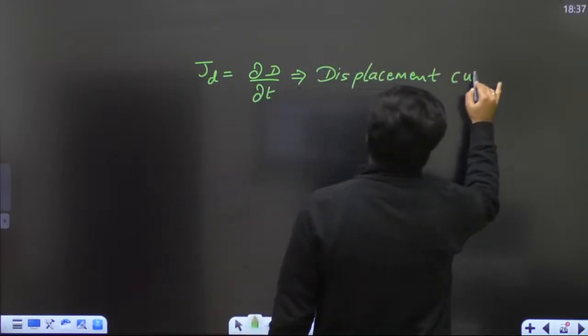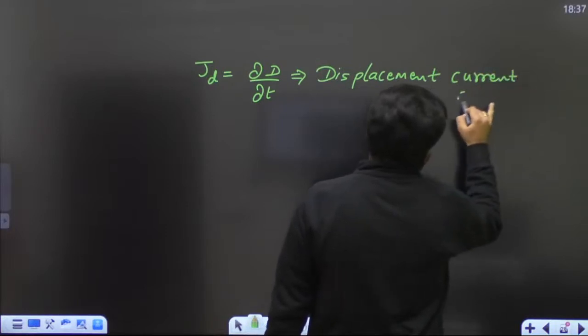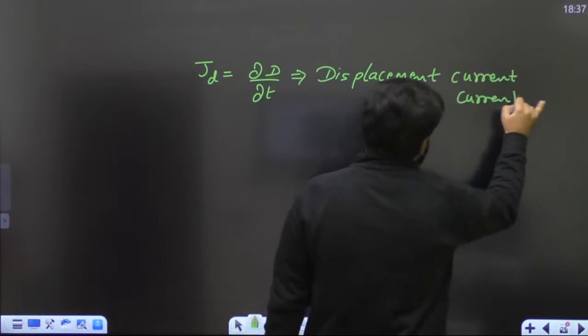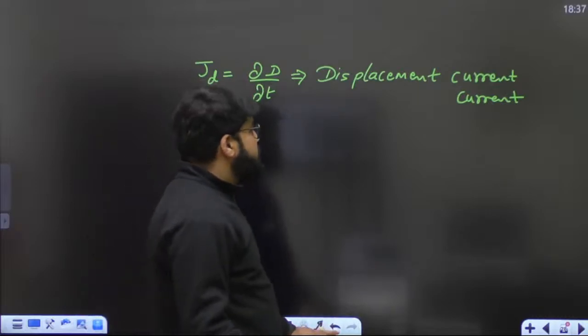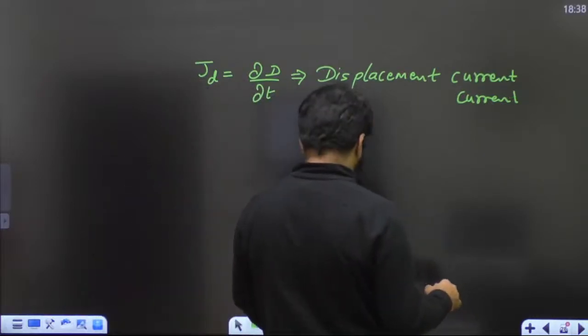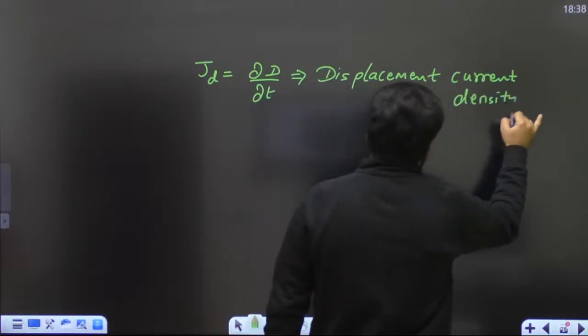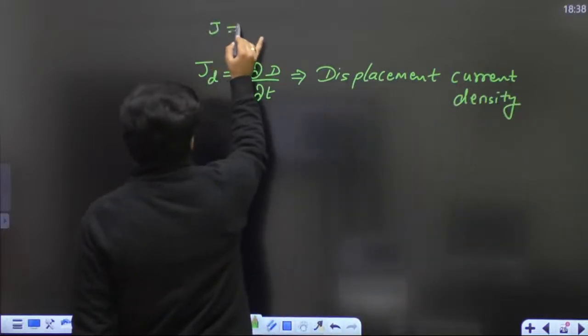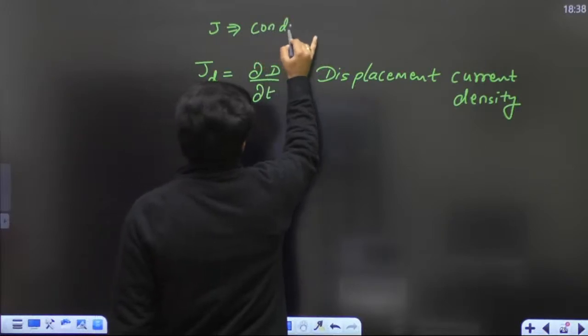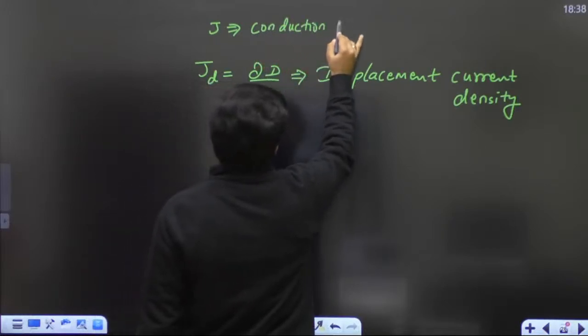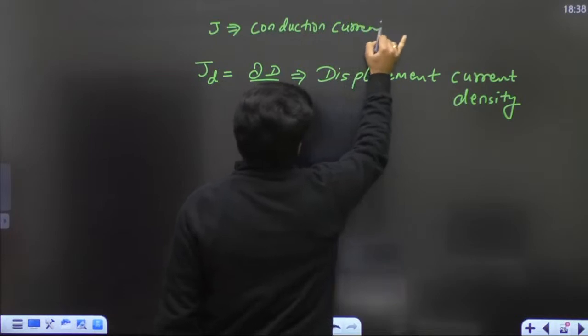This is known as the displacement current density. What is J? J is simply known as the conduction current density. I have written the formulas for both.